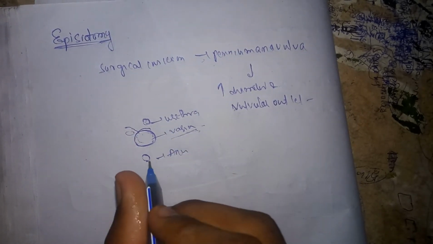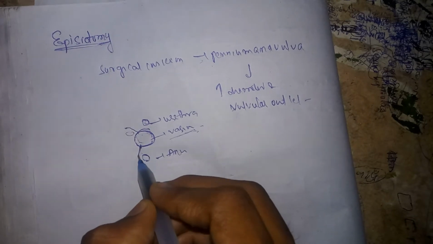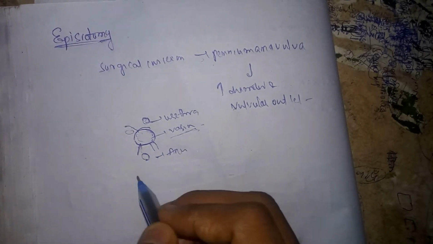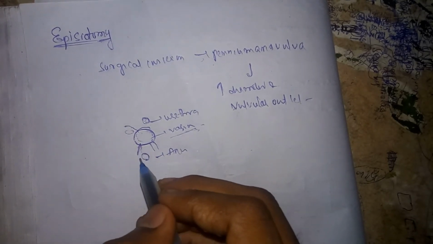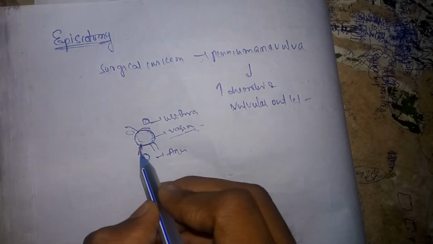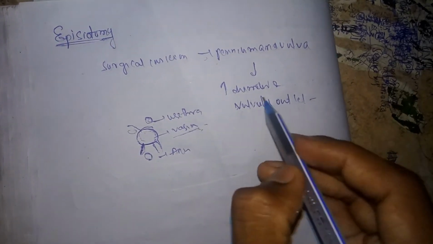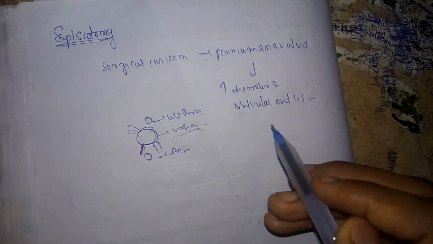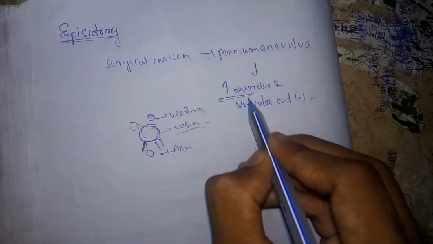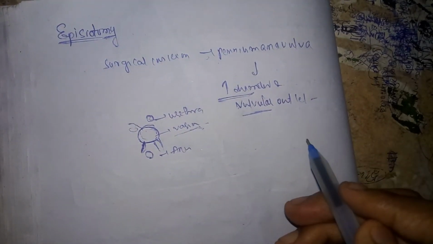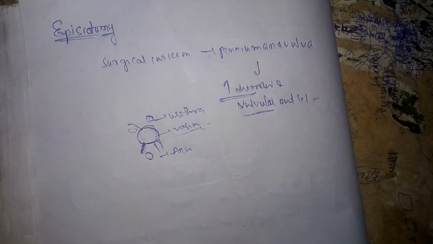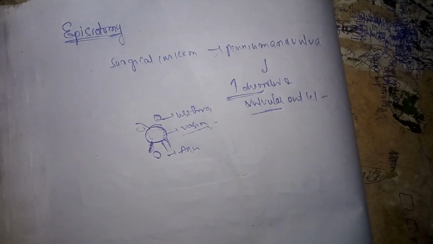To do this, we give an incision over the perineum and vulva so that the diameter of the vulvar outlet is increased, and that will help the baby come out. This is what episiotomy is.